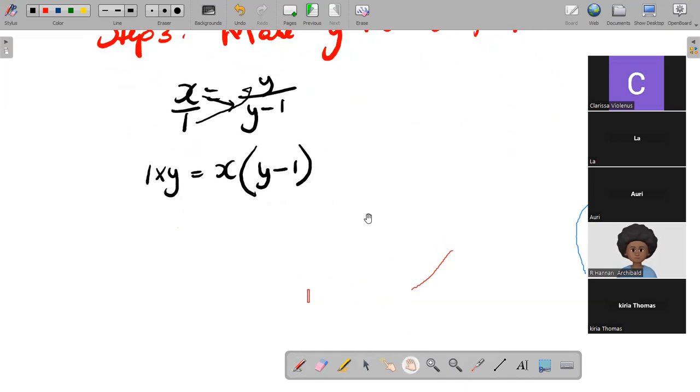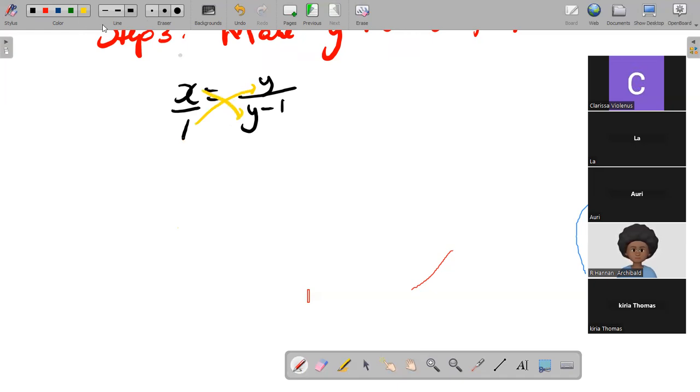So let's pause right here. Maybe I should have used different colors for that part. So let me use a different color so it's not as confusing. So let's put this over 1 and use yellow. So we're going to say 1 times y, x times this. So that's what we did. 1 times y is equal to x times y minus 1. What do brackets mean? Brackets mean to multiply, right?